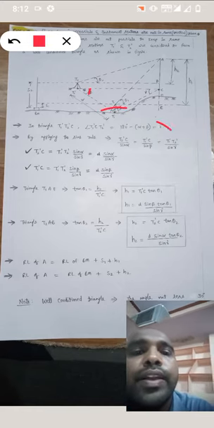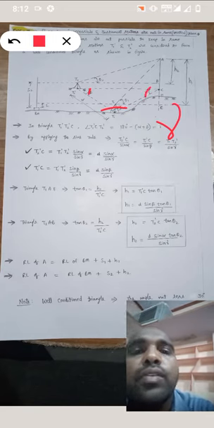After equating, we will get the gamma value here.